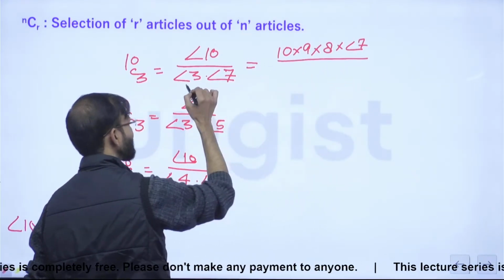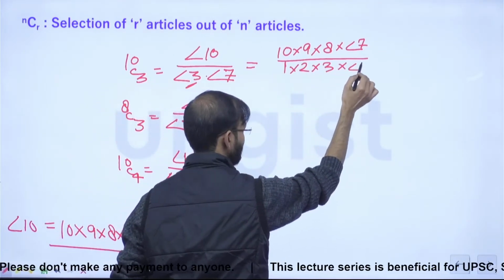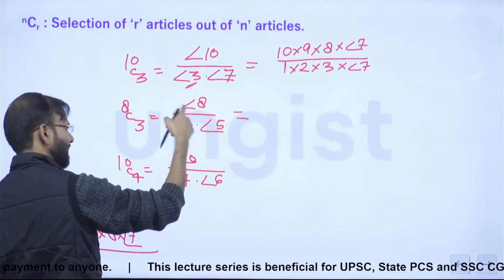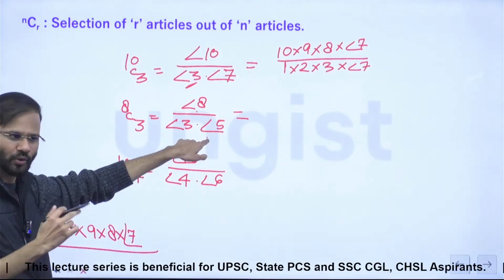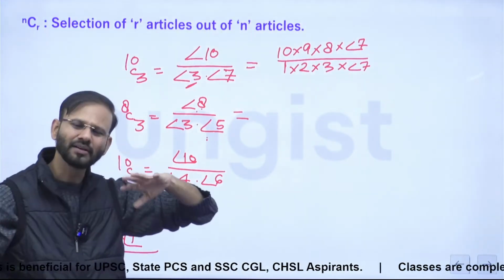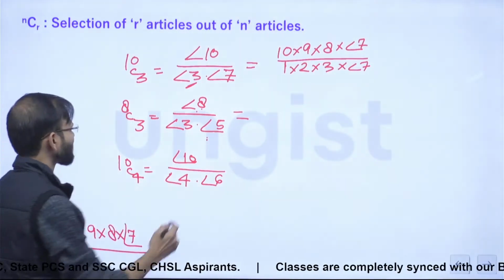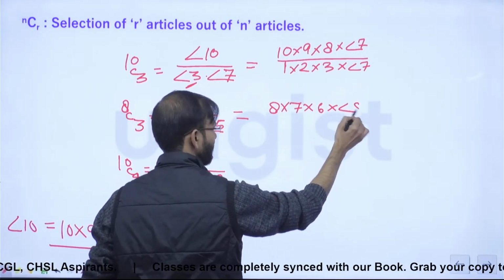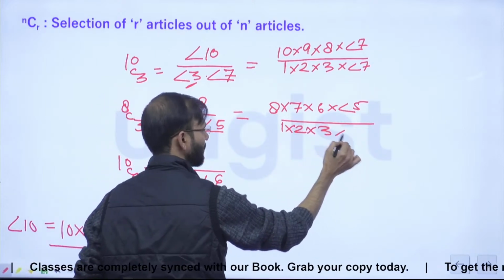Guys, this is 3 factorial. 3 factorial is 1, 2, 3. And this is 7 factorial, so this will get cancelled. I just want to cancel this bigger expression with this. Hope you are getting the purpose. For 8C3 we get 8 into 7 into 6 into 5 factorial divided by 1, 2, 3 into 5 factorial.